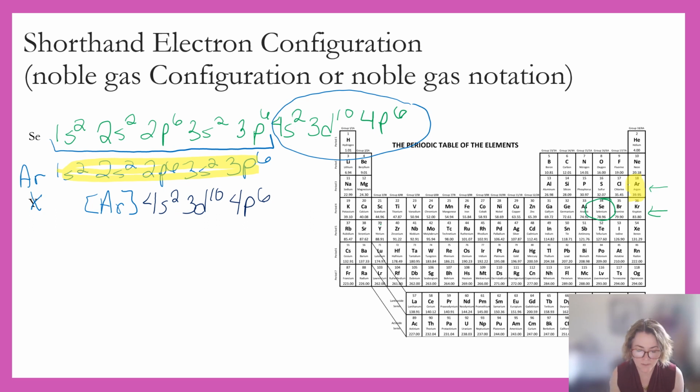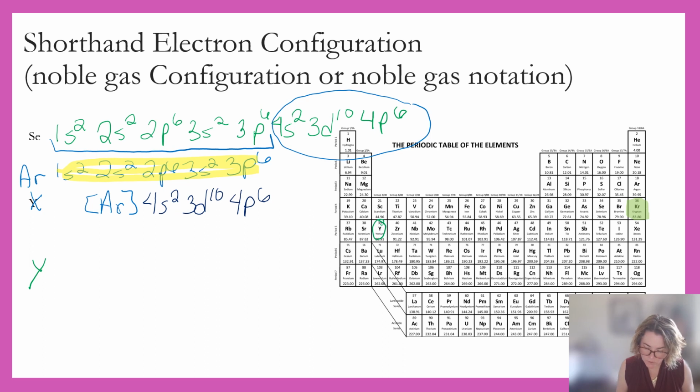So let's do yttrium as an example, and I'll show you how this works. All right, so yttrium, let's write him over here, sits in period number 5. So if I'm in period 5, I want to take a look at the noble gas that ends period 4, and that is going to be krypton.